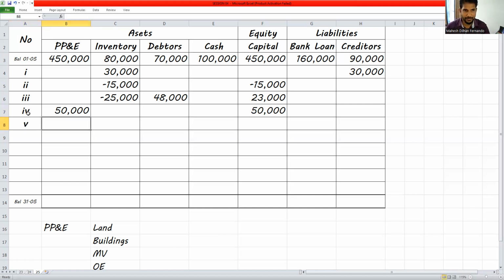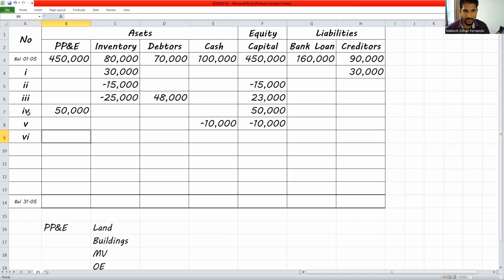Number 5. Paid 10,000 as electricity expense of the business. Paid in cash now. First reduce it from cash, because it's a cash outflow. And this outflow is an expense. Where do we record the expenses? In the capital. Got it? Right.